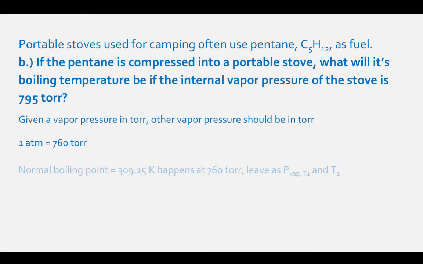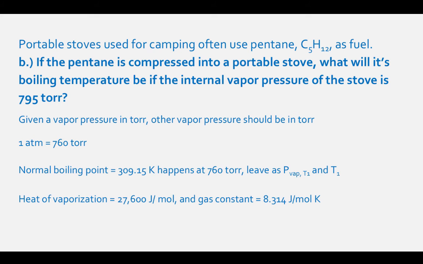So our normal boiling point of 309.15 degrees Kelvin happens at a pressure of 760 torr, which we will leave as our first temperature and vapor pressure. Then our heat of vaporization is equal to 27,600 joules per mole, and our gas constant is still 8.314 joules per mole times Kelvin.